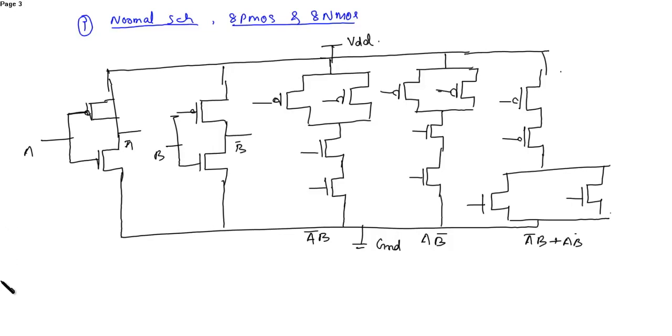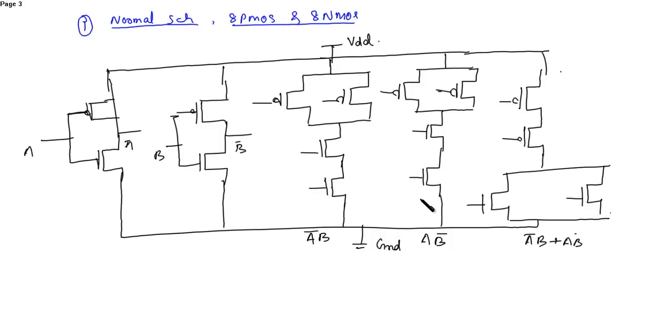So now, okay, before that you have to make sure this A bar means you'll take from here. The output of inverter 1 will act as the input of AND 1, and the output of inverter 2 will act as the second input of AND 1.